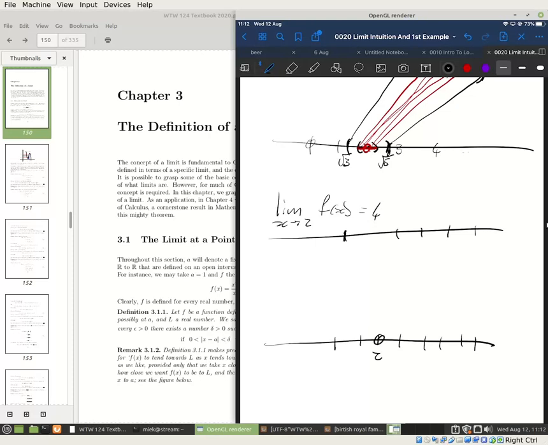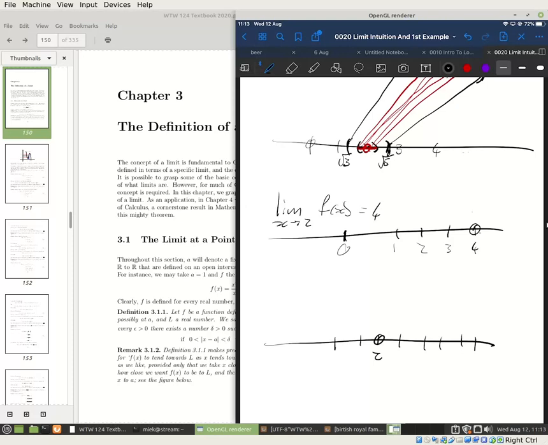So 2 is over there, 0, 1, 2, 3, 4 is over there. So someone says, I don't believe you. I don't believe that you can show that the function value is within a 10 millionth of 4. How close do you need to be to 2 to be within a 10 millionth of 4?